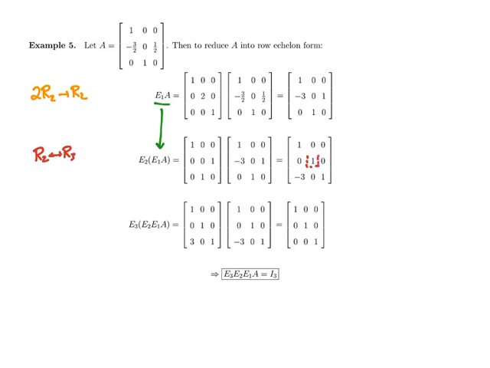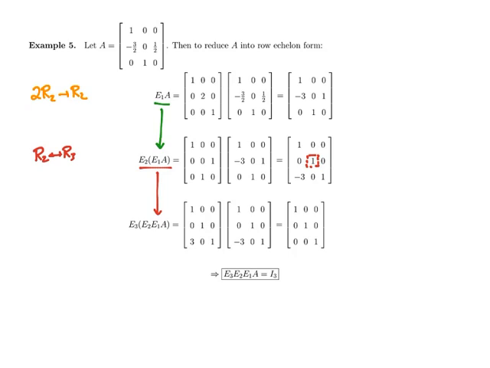We want to get a pivot in that middle, and we could do that by switching the second and third row. Again, if we multiply that elementary matrix by the new matrix E1A, we get the corresponding matrix that we would get if we row reduced by switching the second and third row. And then we have our new matrix E2E1A.